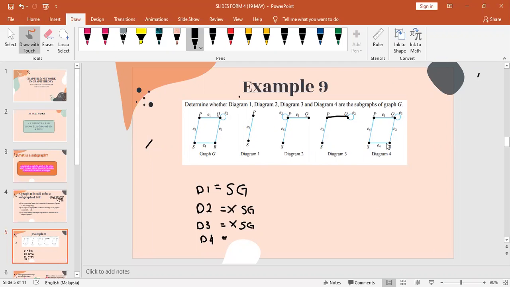P, S, S, R, Q, R, E, ni E2. Mana E3? I think diagram 4 is also not a subgraph. Let me check. Yes. Diagram 4 is also not a subgraph. Only diagram 1 je subgraph.